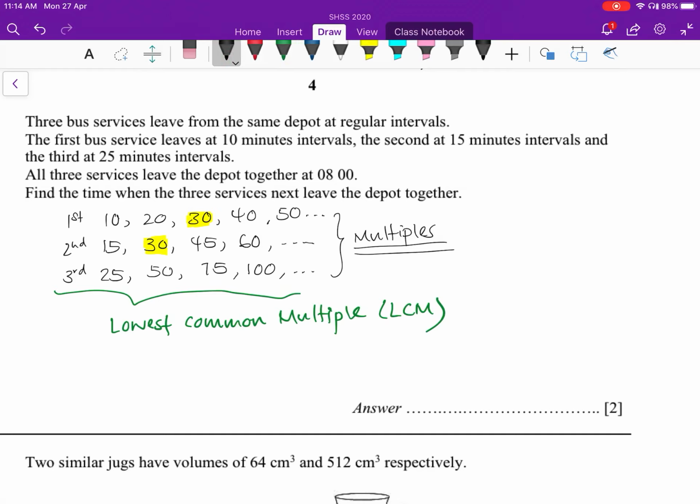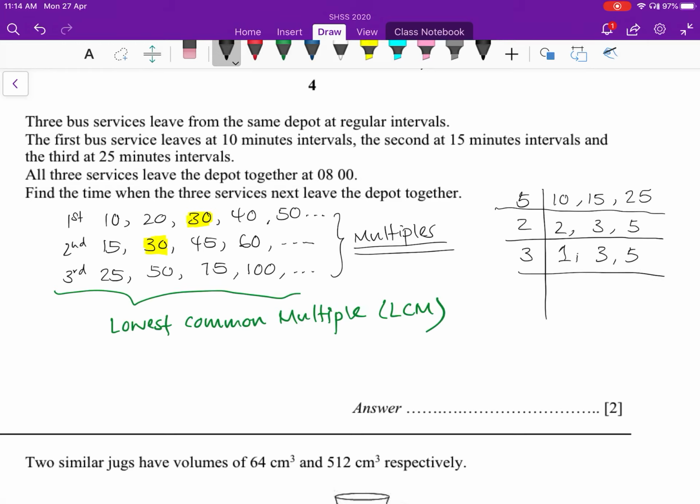How do we do LCM of 10, 15, and 25? It's through the skeleton method. Divide by 5, I get 2, 3, 5. Divide by 5 again. Divide by 2, 2 divided by 2 is 1. Cannot divide by 2.